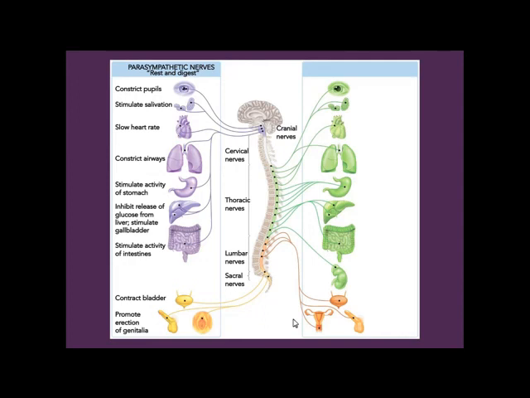We have stimulated activity of the intestines, so our digestion is occurring. Our bladder is usually contracted, and under these circumstances, if the mood arose, we could be reproducing or whatever.